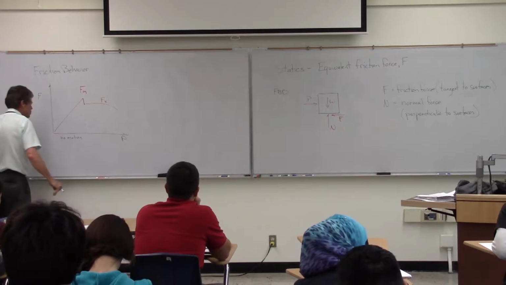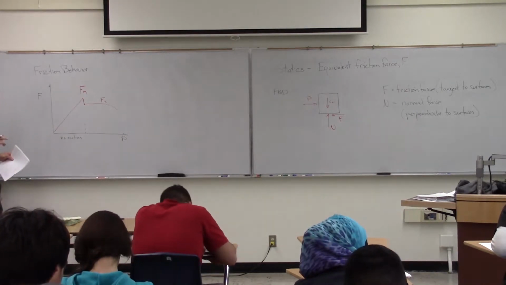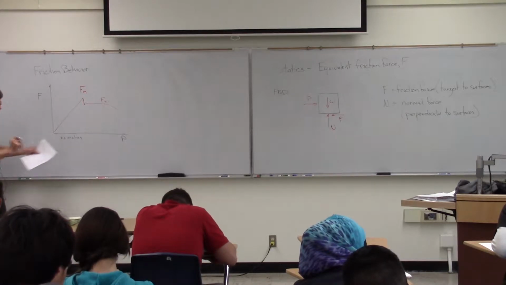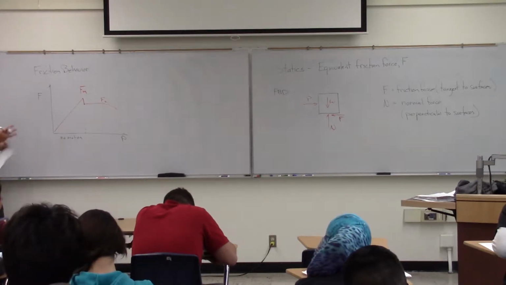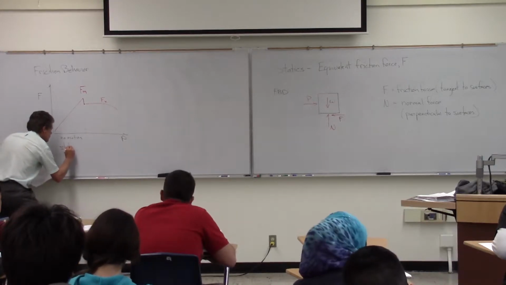So in this section, there's no motion. The forces are just equal to each other. You're pushing and pushing, and the friction force is pushing back, saying I'm not going anywhere. And what we call this is static friction.